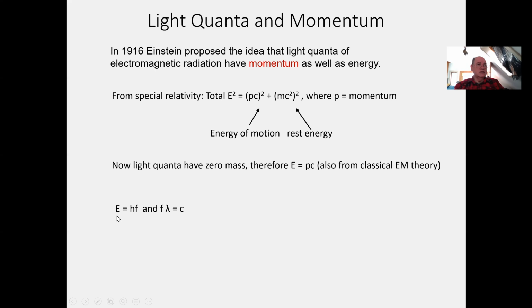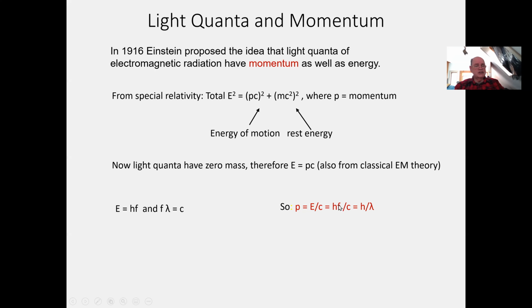Well, he takes the other two fundamental formulas. He takes Planck's formula again, that he used so well in the explanation of the photoelectric effect, that energy is equal to h times the frequency, and the frequency times the wavelength is equal to the speed of light. A fundamental connection between frequency and wavelength of any electromagnetic wave. So follow the algebra here. Taking this equation up here, p is equal to E over c, but E is equal to hf according to Planck's formula.